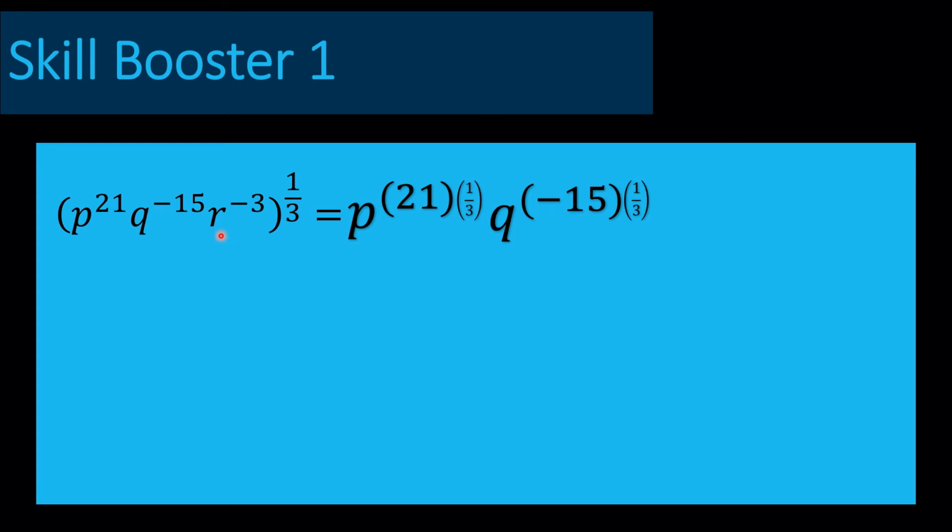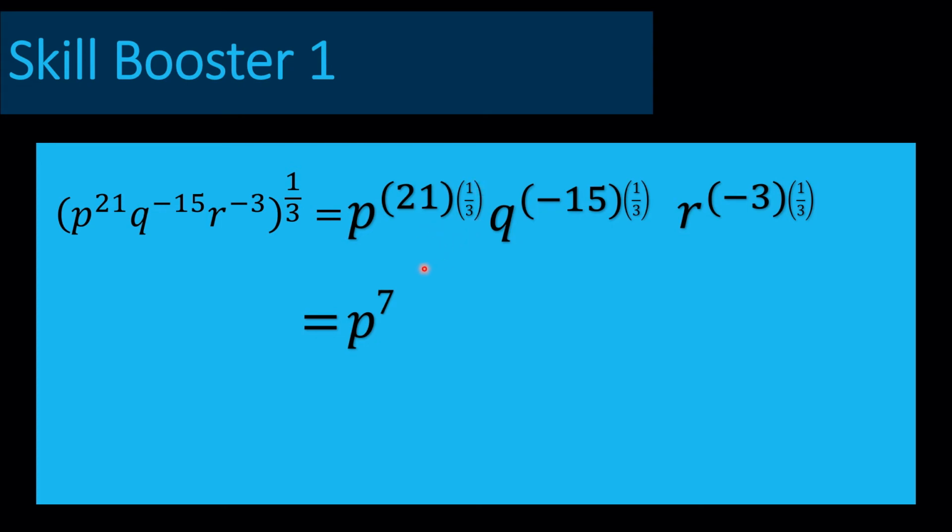And recall that if we raise each factor to 1/3, exponent to exponent, we are just going to multiply. Next factor, we have r to the power of negative 3. So we are going to raise that to 1/3. And then, recall that for a power being raised to a power, we just copy the base and multiply the exponents. So you will have p to the 21 times 1/3, that is just 21 times 1 divided by 3, which is equal to 7.